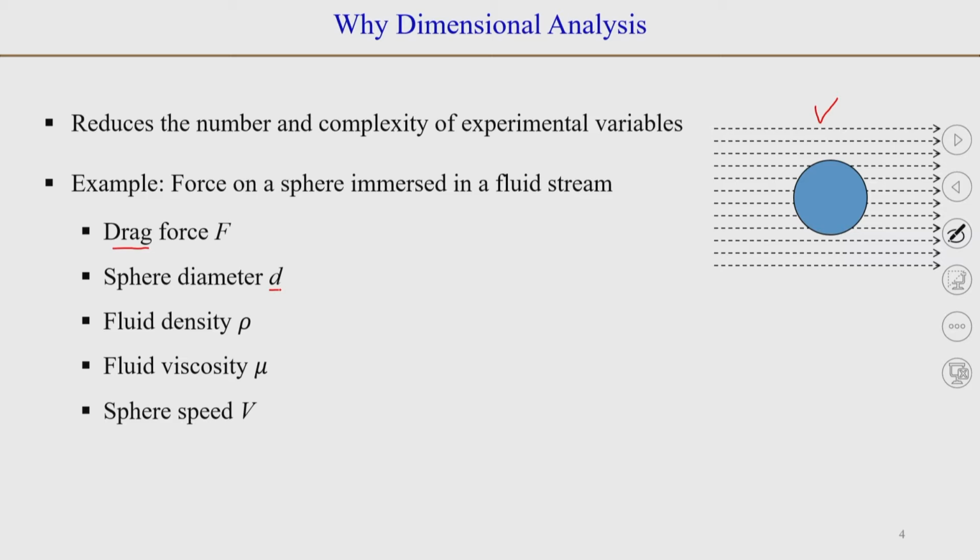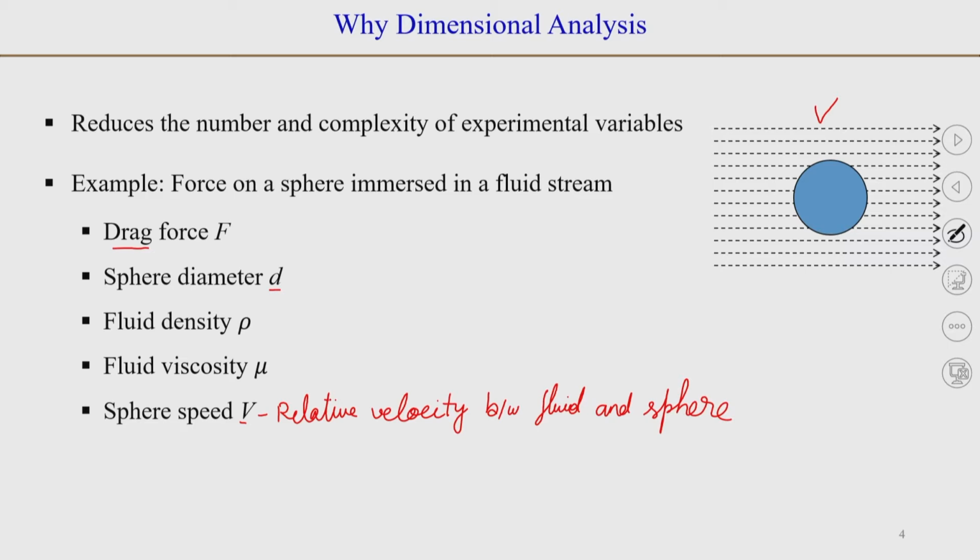So, in all the cases, V is the sphere speed with respect to the fluid, or the relative velocity between the fluid and the sphere. So, V is the relative velocity or relative speed between fluid and sphere.